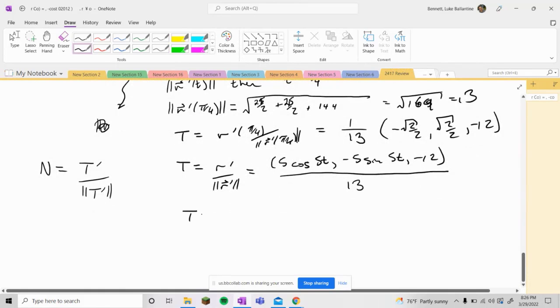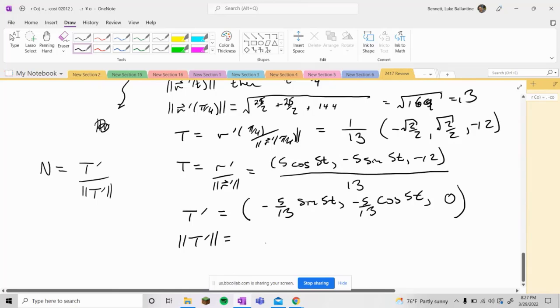And then T prime would be negative 5 over 13 sine 5t, negative 5 over 13 cosine 5t, 0. Magnitude T prime is 5 over 13.